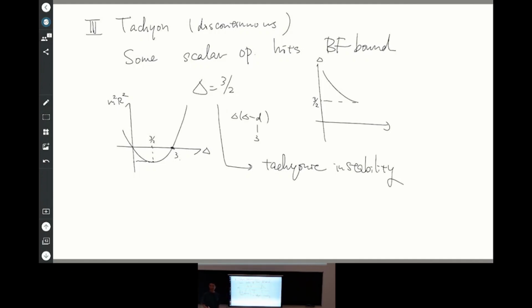So this is something that you often learn when you first learn AdS/CFT. There is this BF bound, and you cannot go below that.